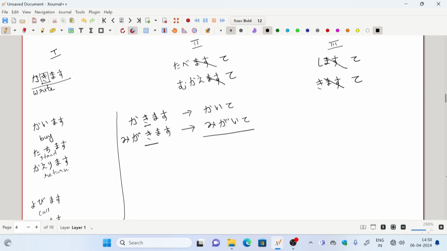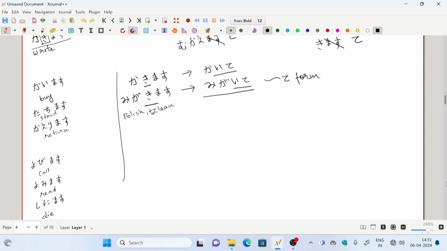This is how it will change into te form. If there is ki before mas, we'll have to cut it from there and add ite. Kaite, migaite. Migakimasu is to polish or clean. To clean something, to polish something.